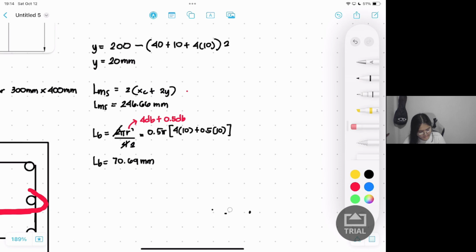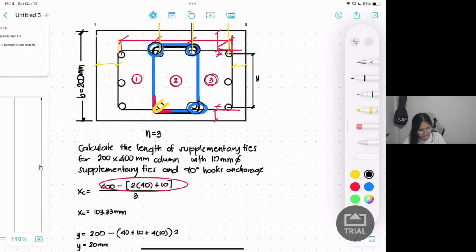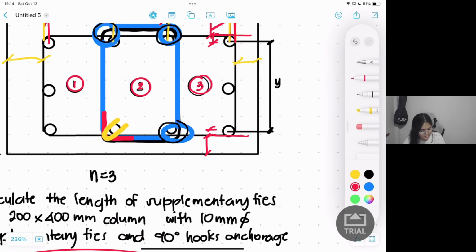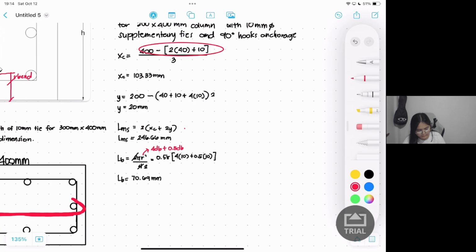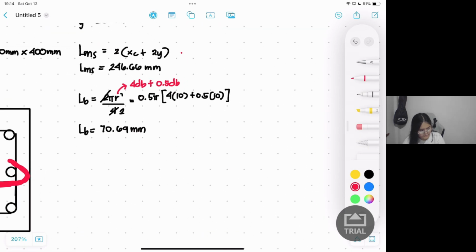And then, lastly, yung kulay red dito guys, 90 degree hook sa magkabilaan. So that is LH. So 2 pi r prime divided by 4 lang din siya. Pero may corresponding length of extension siya.